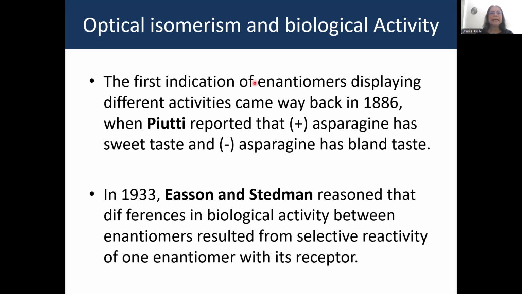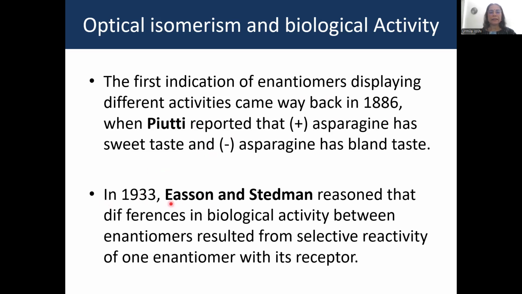The first indication that enantiomers or optical isomers display different activities came way back in 1886 when Putti reported that plus asparagine has a sweet taste and minus asparagine has a bland taste. So this was the first indication of differing biological activity.